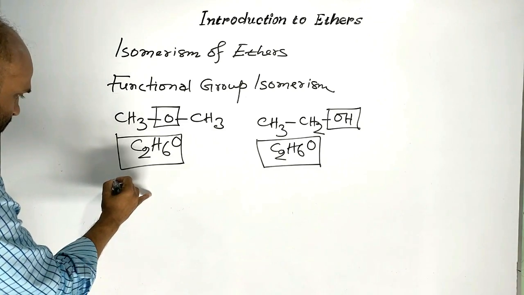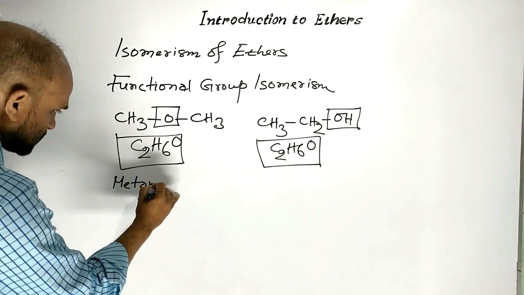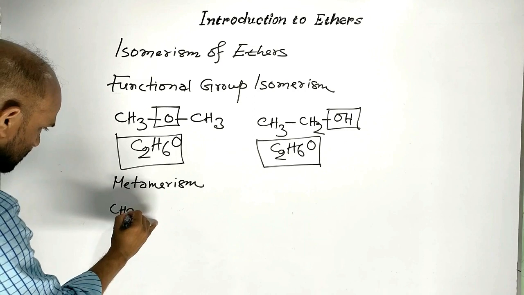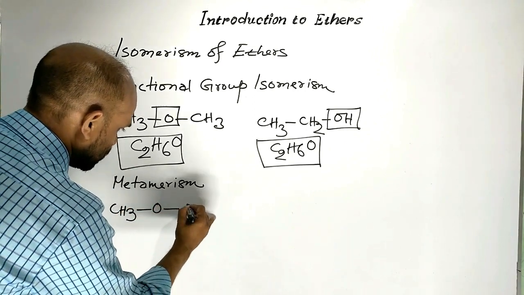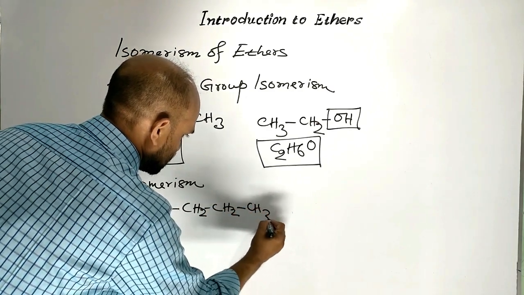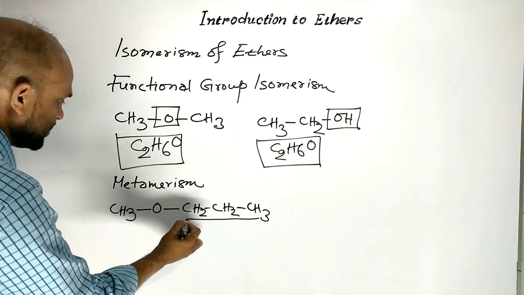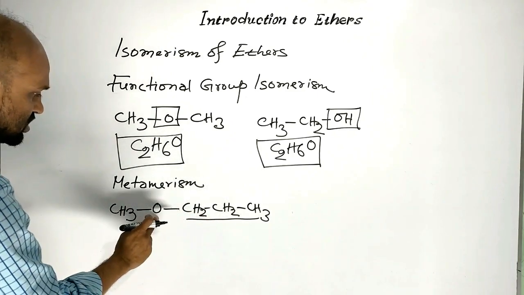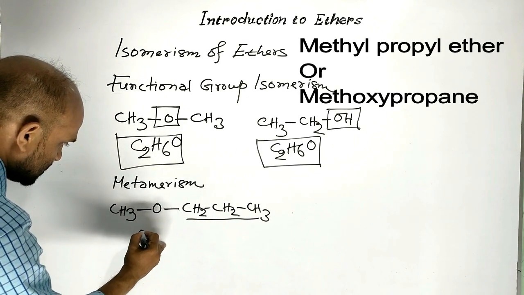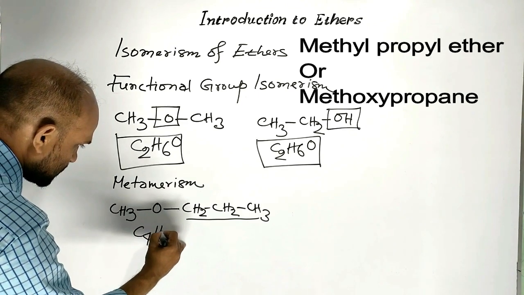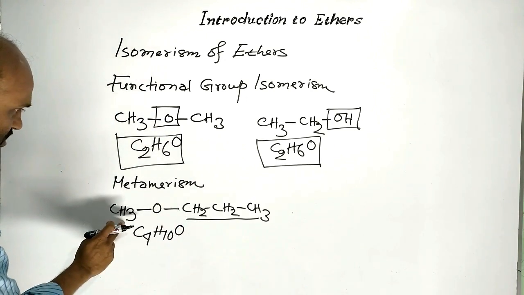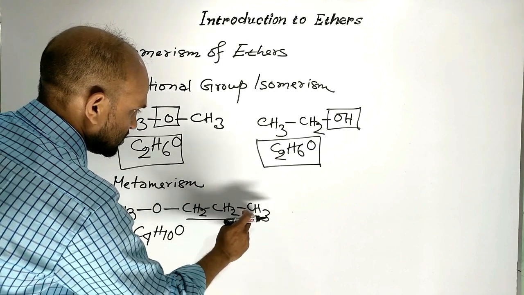Again, ethers show metamerism. For example, methyl ether group, propyl. So its name is methyl propyl ether or methoxypropane. Its molecular formula is C4H10O.